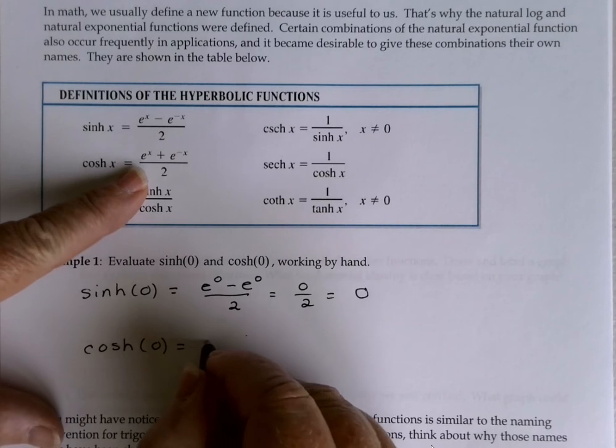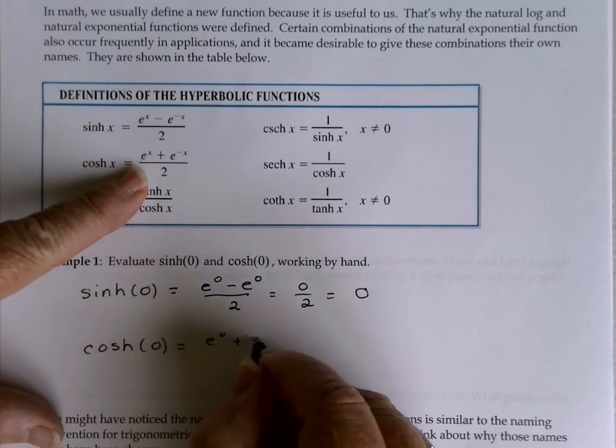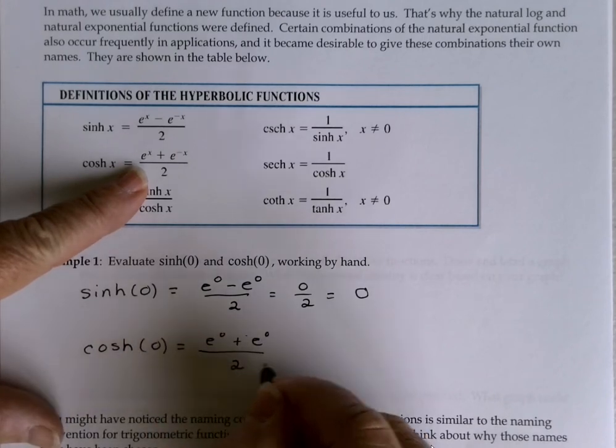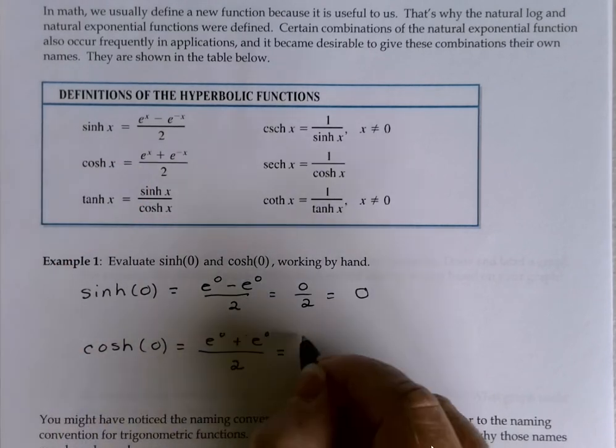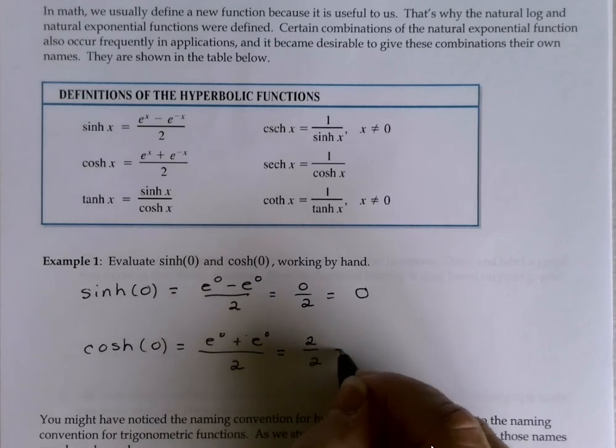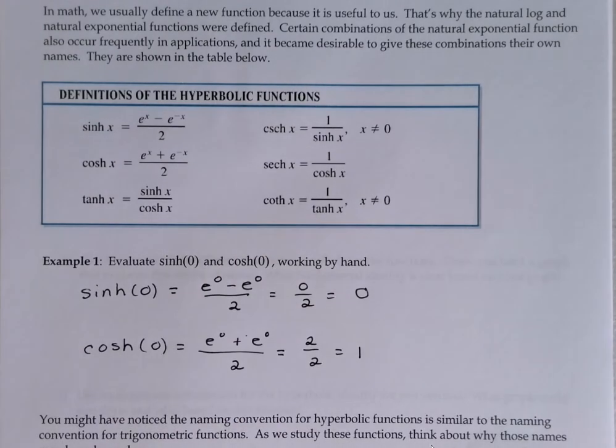Well, again, just plug 0 in. That'd be 1 plus 1, or 2 over 2, and that's 1. The parallels with trig functions continue, right? We also know the sine of 0 is 0, and the cosine of 0 is 1.